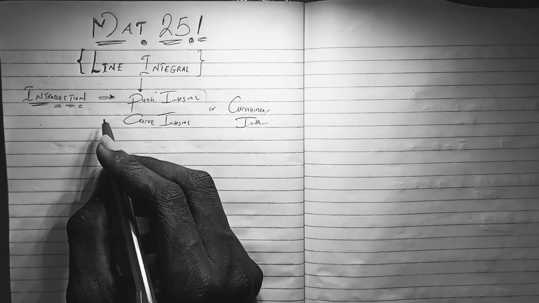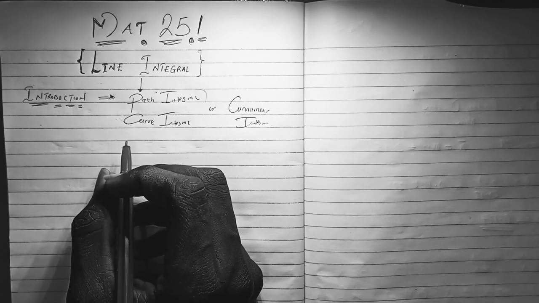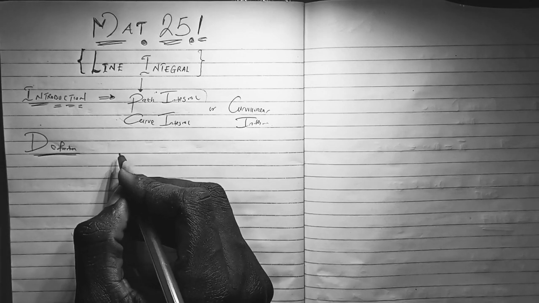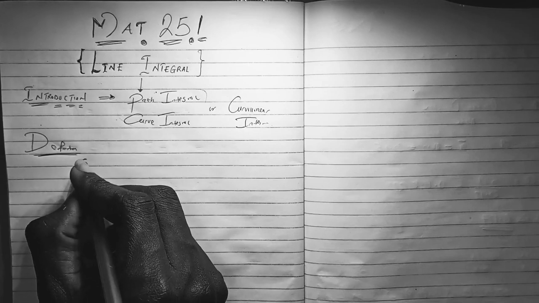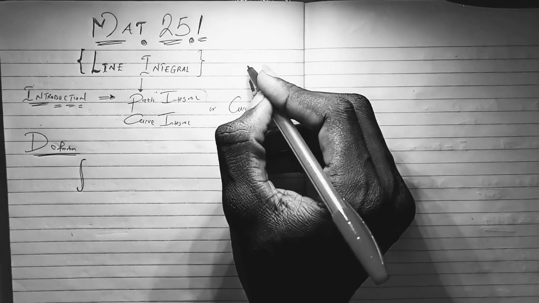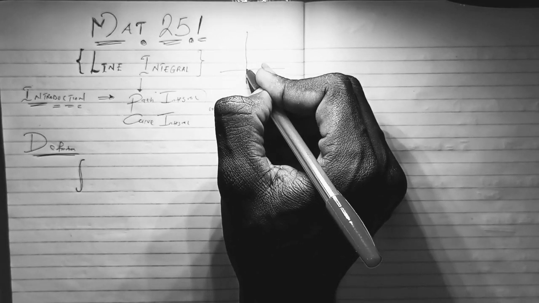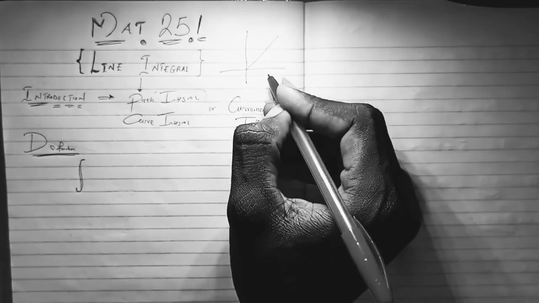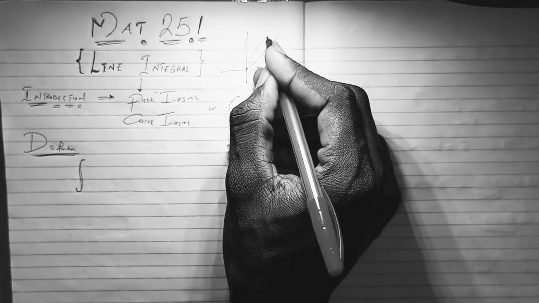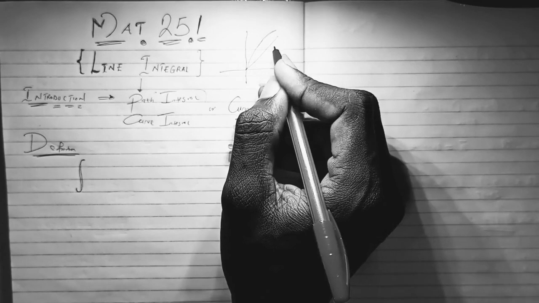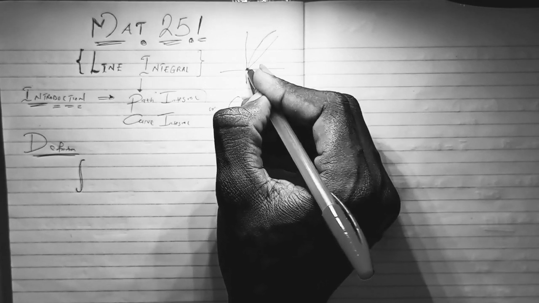Now, considering a line integral, let's make a definition for it. By definition, the integral along a path, let's say you have a y-axis and an x-axis, is either a path in this form, whether a straight line, or a curve, or closed.